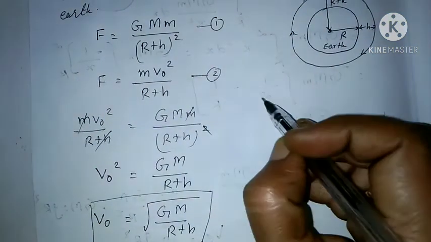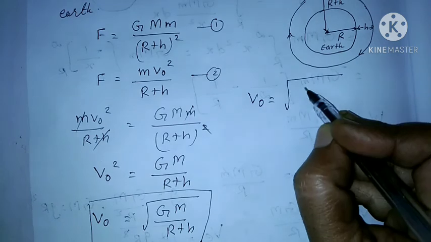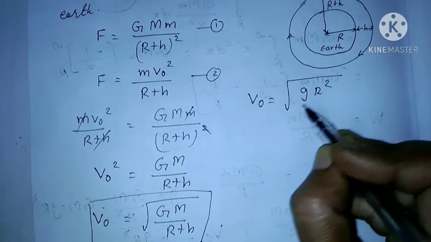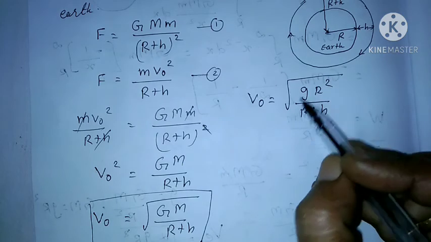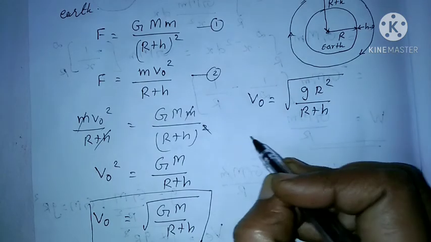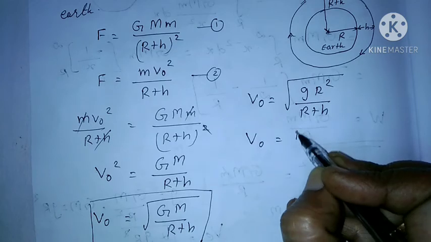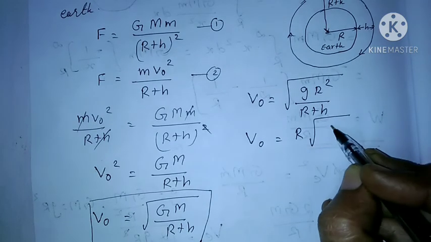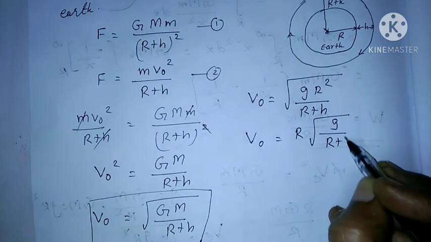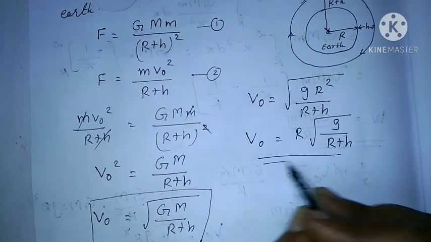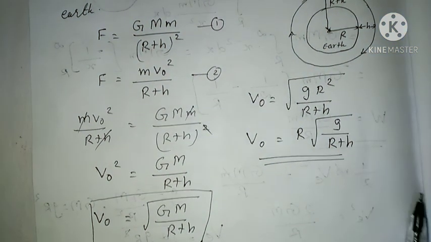Therefore, we can write the orbital velocity v0 equal to root of g R square divided by R plus h. In the root we can take the R outside, that is root of R square equal to R. So R times root of g by R plus h. This is the orbital velocity in terms of the acceleration due to gravity g.